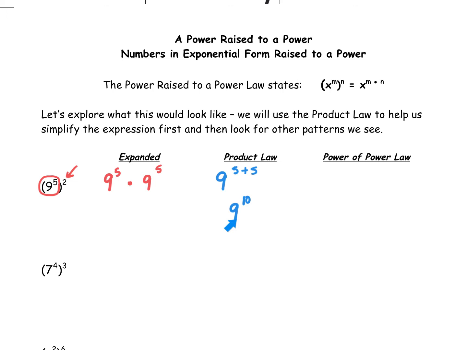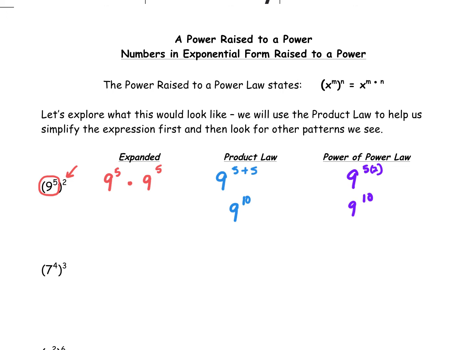So I want you to look at what the answer is, and then I want you to look at these exponents. Can you see another way that we can come up with 10 using what's written? Well, you may have noticed I could keep the base, and if I multiplied 5 times 2, if I multiply the powers, I'm going to get that same 9 raised to the 10th power.